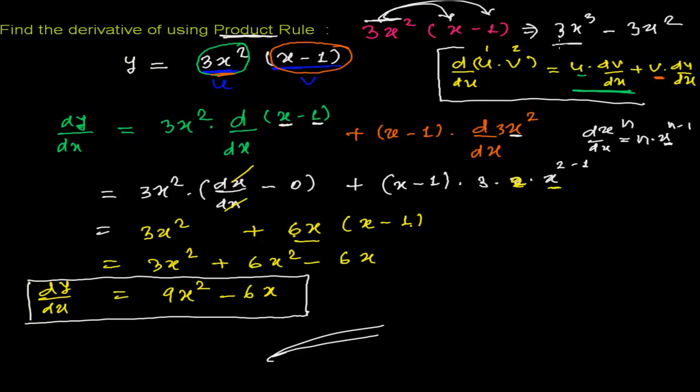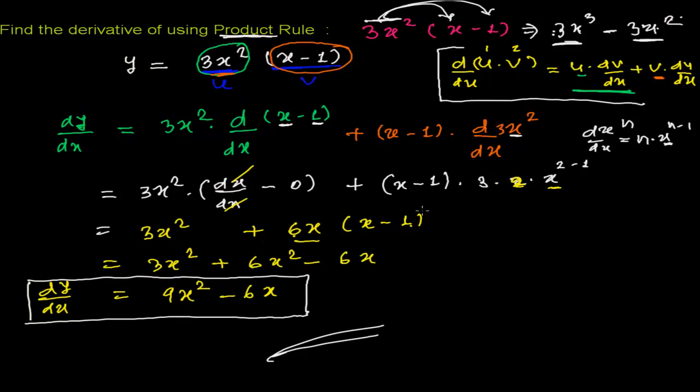Now you can differentiate individually using the power rule: 3 times 3 is 9, so 9x squared, and 3 times 2 is 6, x to the power 2 minus 1, that is 6x. Again you get the same.